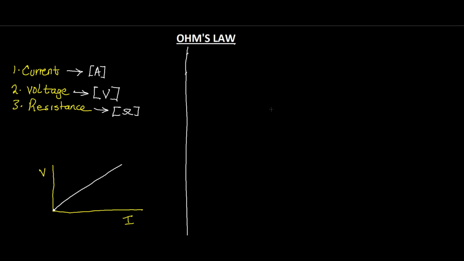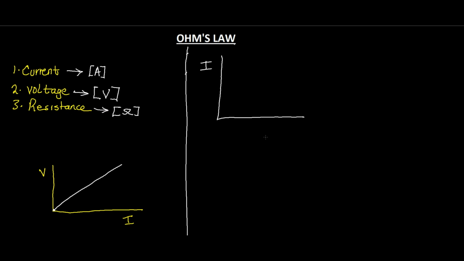Now let us say, for example, you are asked to plot a graph of current against voltage. So the graph will look like this. The y-axis should be current, because it is current against. Against is always on the x-axis.